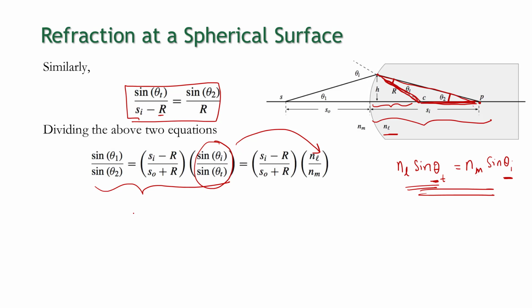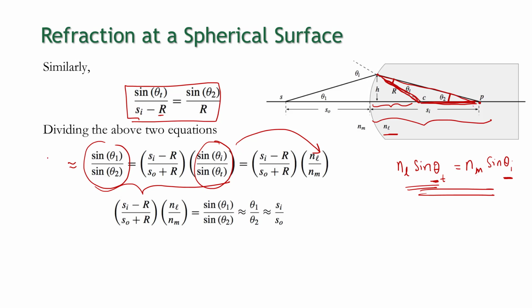Now, just like before, we can use small angular approximation, which we call paraxial approximation. So paraxial approximation gives us that to be theta 1 over theta 2.